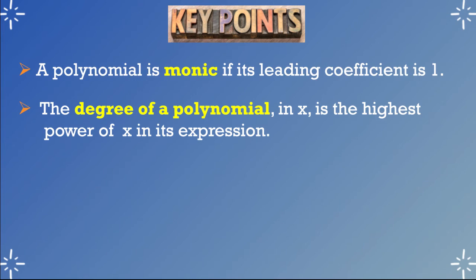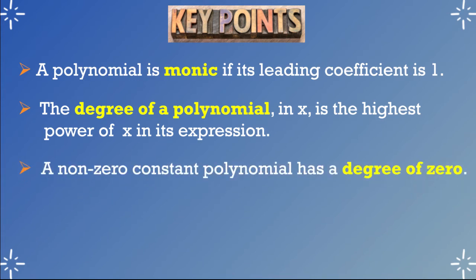A non-zero constant polynomial has a degree of 0. In other words, the degree of a constant is 0. So the degree of 8 is 0, the degree of 10 is 0, the degree of 100 is 0. The degree of a constant is 0.